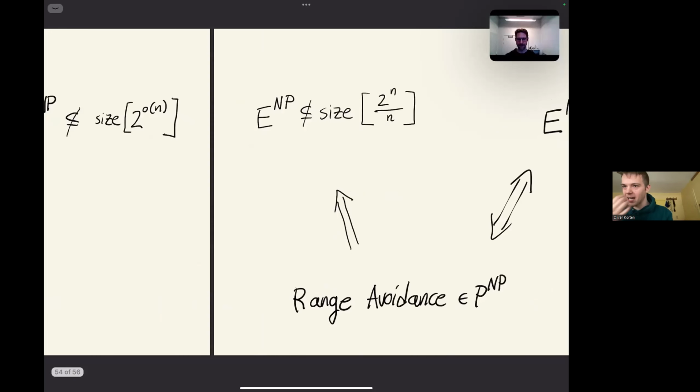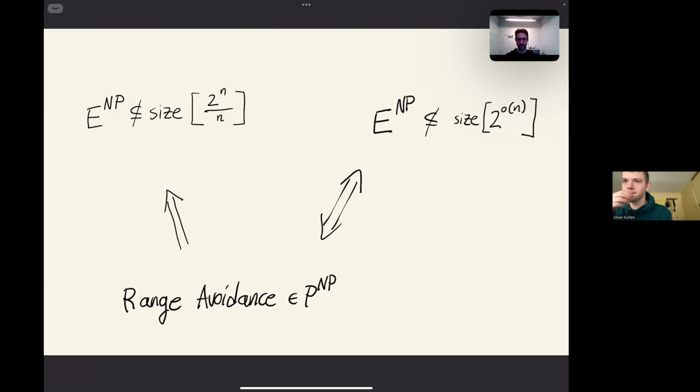And the last thing I wanted to say here is that using this equivalence, we can show one more thing in circuit complexity, which is a bit interesting. On the bottom right, I have this equivalence which I stated: a circuit lower bound of 2^(Ω(n)) for E^NP is equivalent to range avoidance being in P^NP.